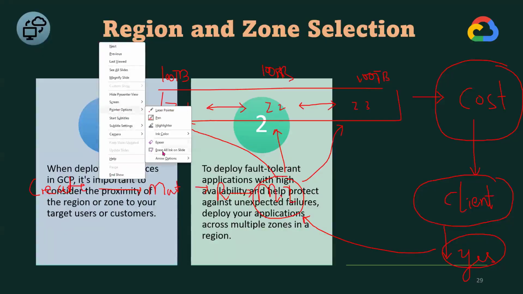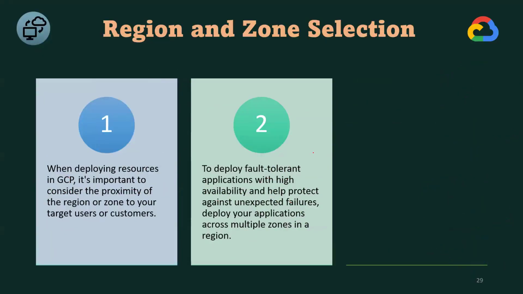Sir, what are the best practices while selecting the regions? Like if I want to select the Delhi and Mumbai regions, sir, or in one region we select one and in another region we select US, is that the best practice, or do we have to select only one region? That depends upon our requirement.